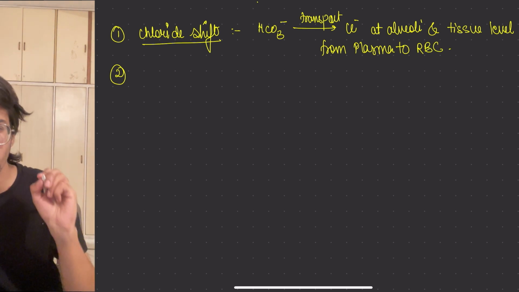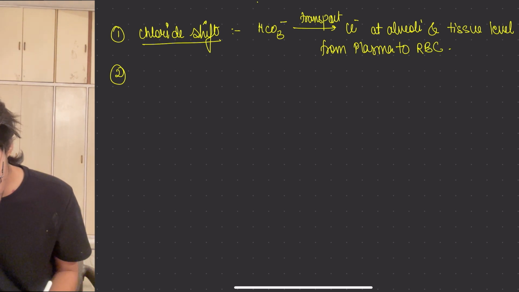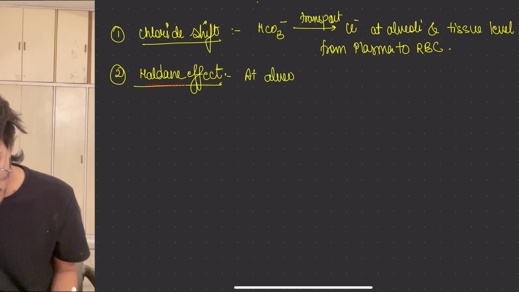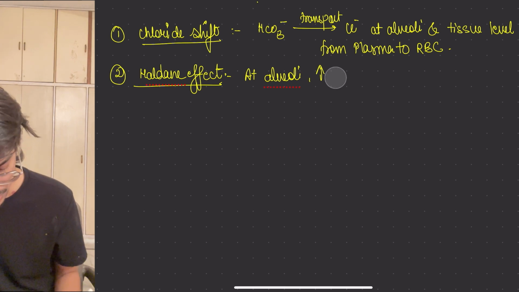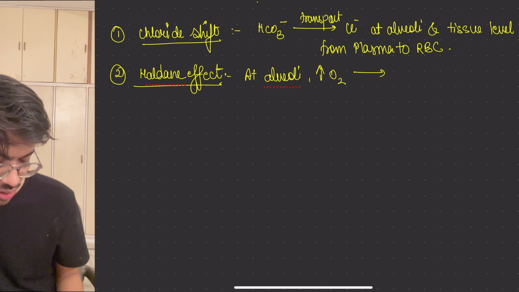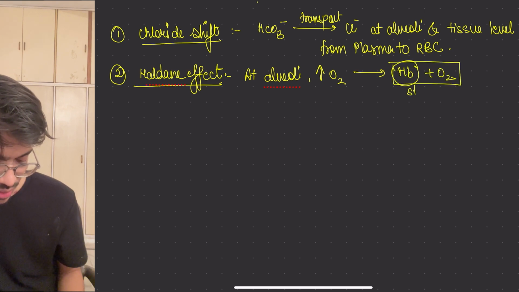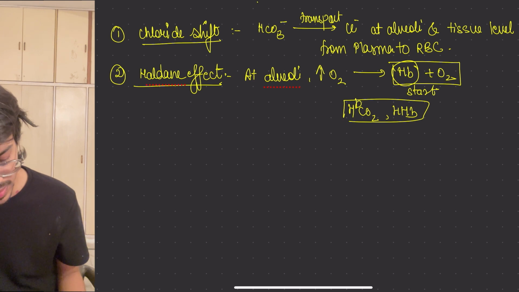I have given this the basic outline. Then the next term is the Haldane effect. The Haldane effect is when, at the alveoli level, the concentration of oxygen is increased, hemoglobin will start bonding with the oxygen, and the hemoglobin and carbon dioxide bond will be broken.